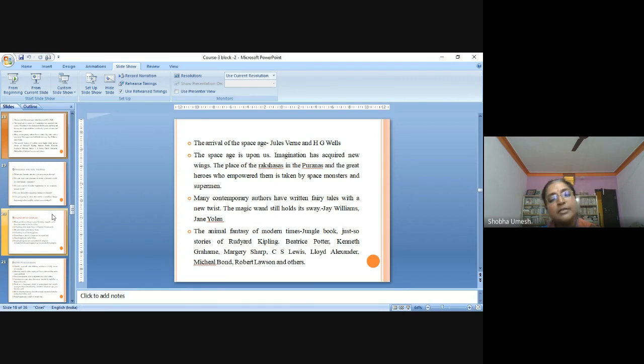Even in Gulliver's Travels, we come across characters who are animals and who impart human values and ethics, which have to be inculcated by human beings. So some fantasies of modern times are books like the Jungle Book and Just So Stories of Rudyard Kipling, Beatrice Potter, Kenneth Grahame, Margaret Sharp, C.S. Lewis, Laurel Alexander, Michael Bond, Robert Lawson, and others.